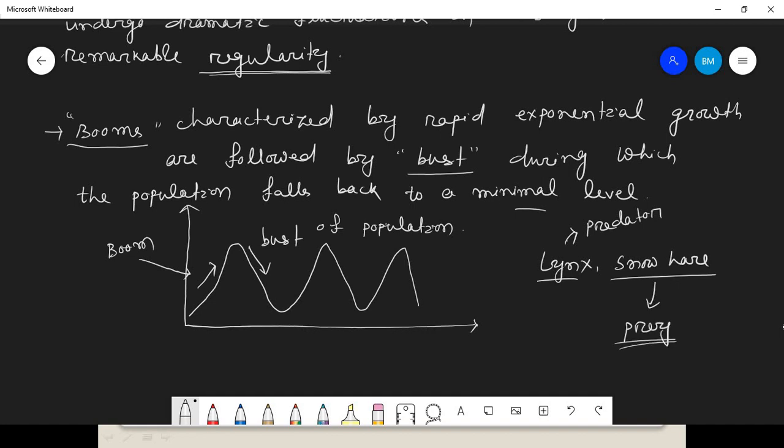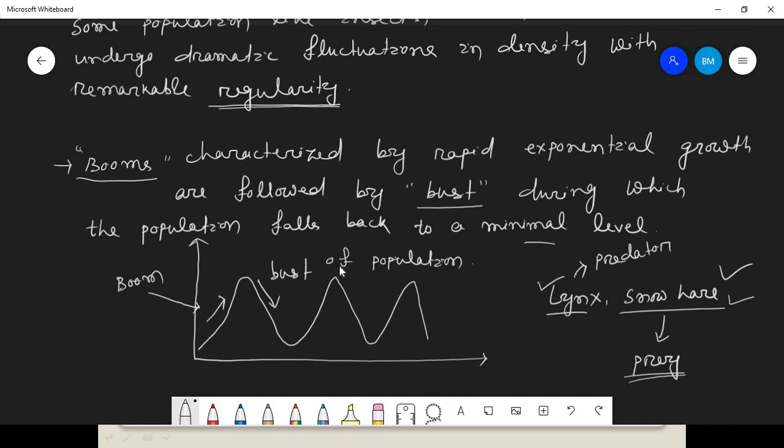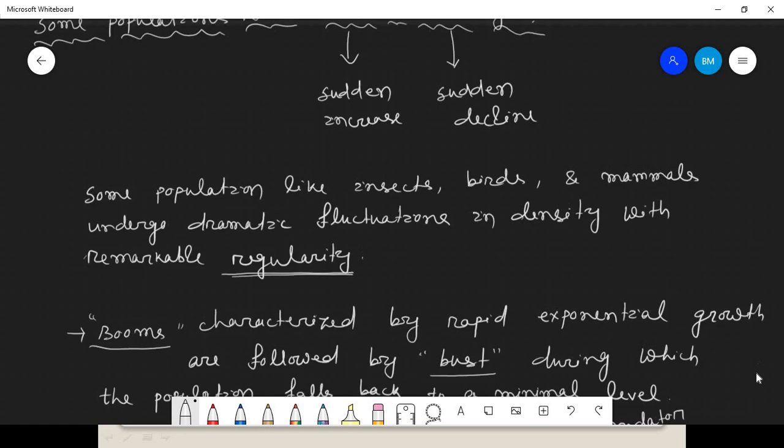When the population of snow hare is more, the population of lynx will automatically be more. When the population of snow hare gradually decreases, the predator population automatically decreases due to lack of food. This is the boom and bust of a population here.